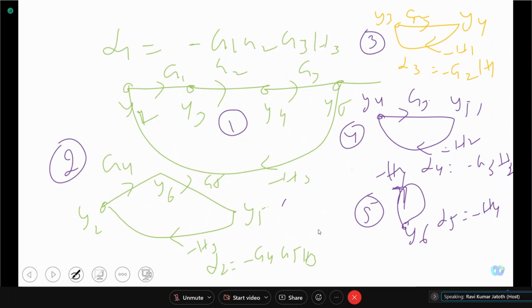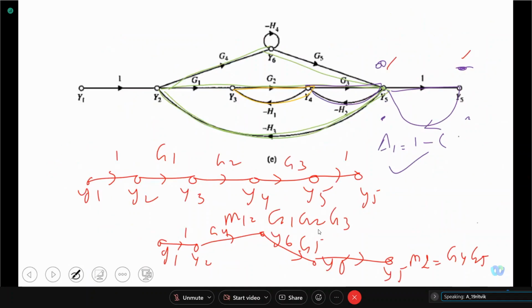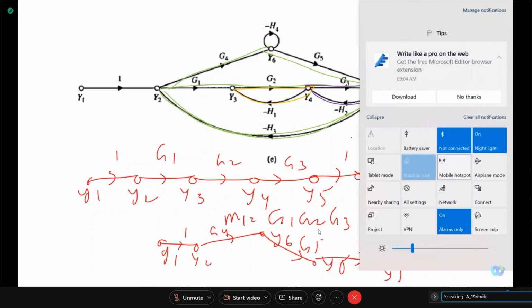Only L5, sir. So 1 minus L5. Only one loop is there. Is there another two non-touching loop possibility? Not possible, so we stop here. 1 minus L5 is delta 1.